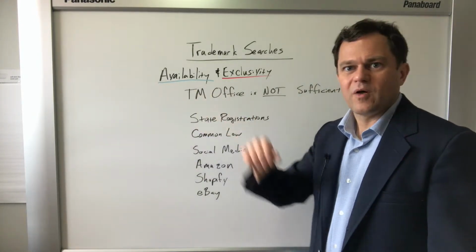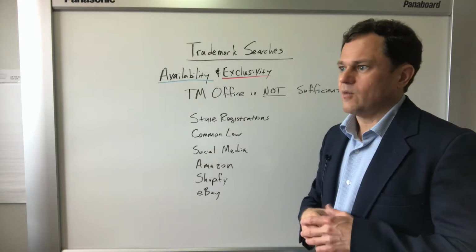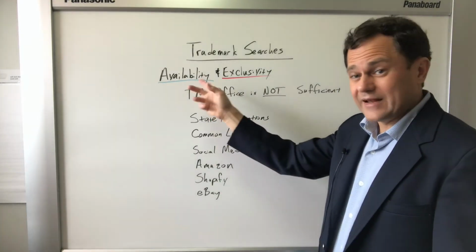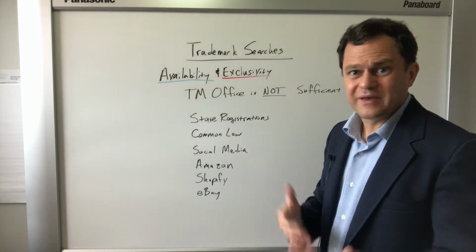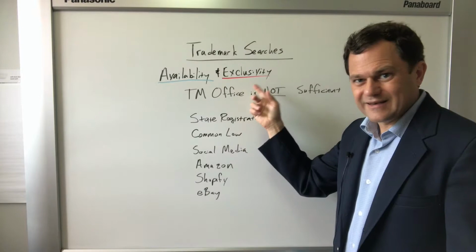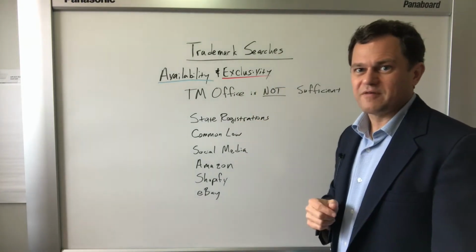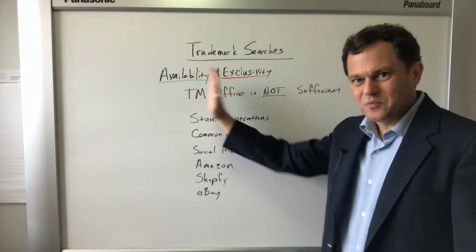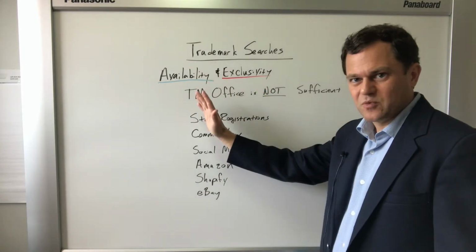And you might say, well, I want to call my hot dogs warm, fresh hot dogs. Well, that name is almost certainly available because it's so generic, right? But you're never going to get exclusivity for the name warm, fresh hot dogs. So that's one example of a distinction between the two.